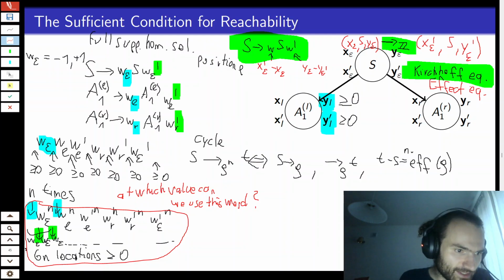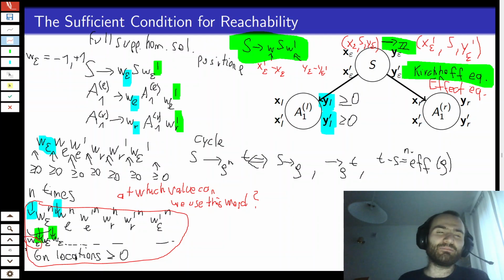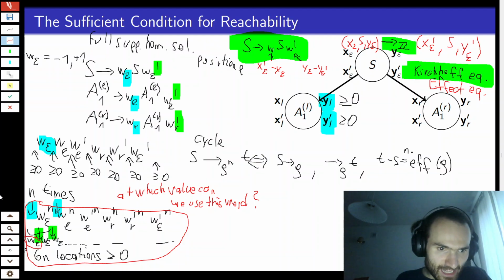Essentially, I told you that after every constant amount of stuff, something that does not depend on n, you know that you are greater than or equal to 0. So there are only constant length runs where you don't know that you are greater than or equal to 0. So the answer is, at which value can we use this word? Well, some constant, something that is constant in n.